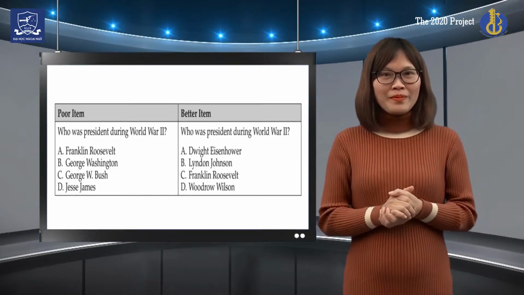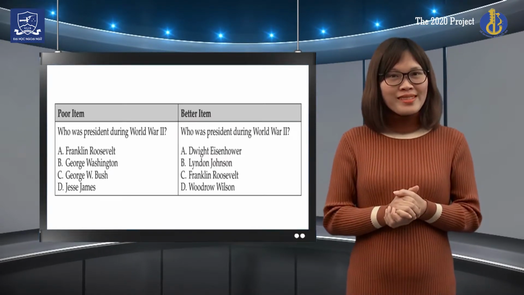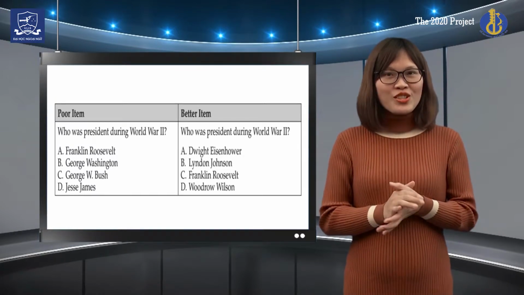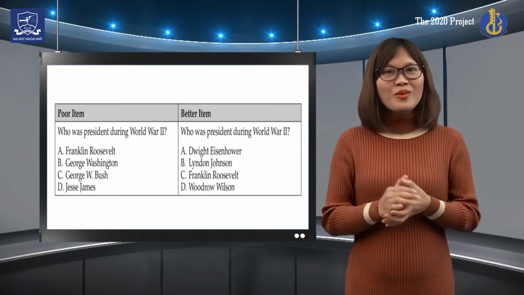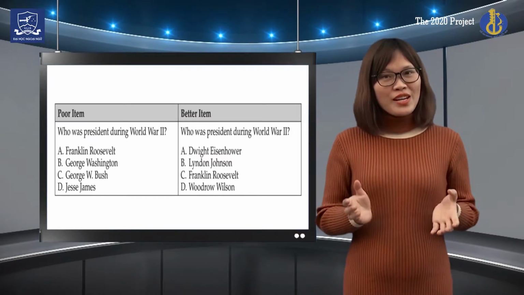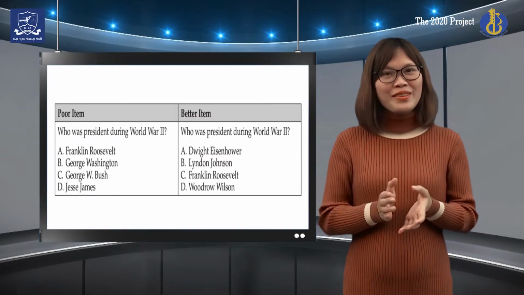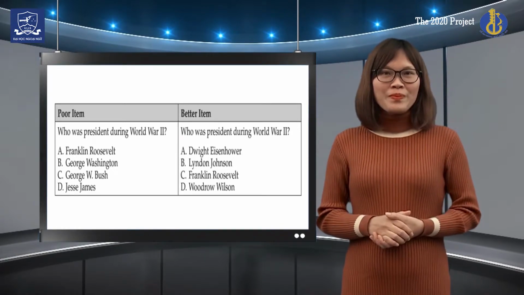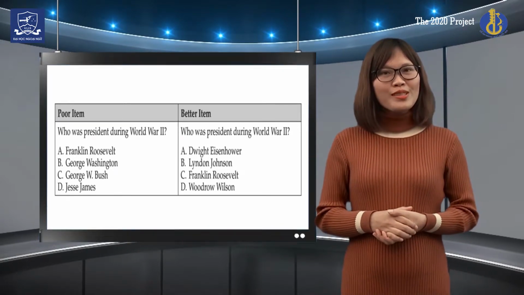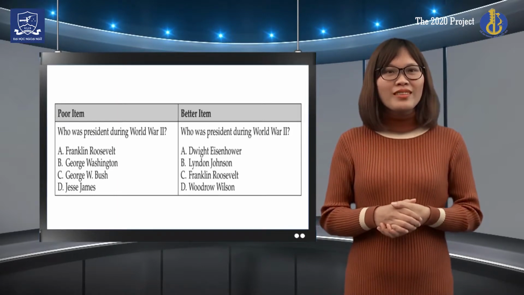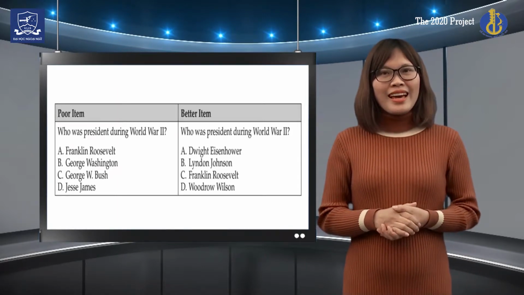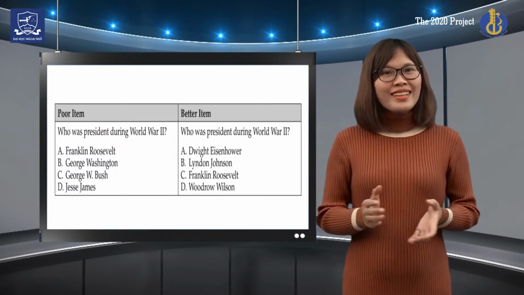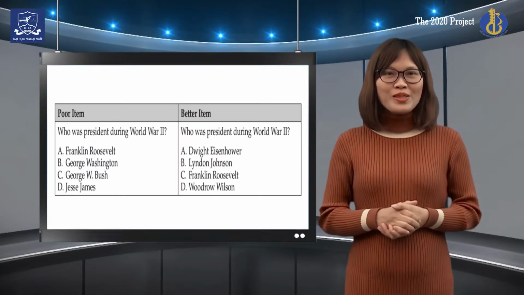In the poor item, the possible answer choices are far removed from the event, and the answer choice Justin James is quite silly, especially since he isn't even a past president. In the better item, the answer choices focus on presidents during the 20th century and those who were president during wartime, so the answer choices are much more plausible.